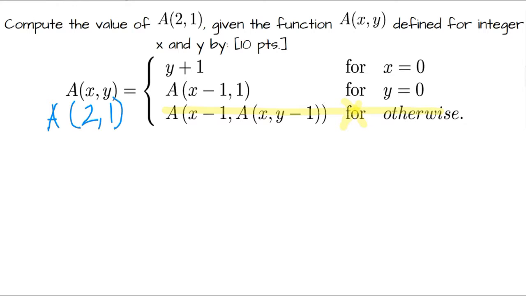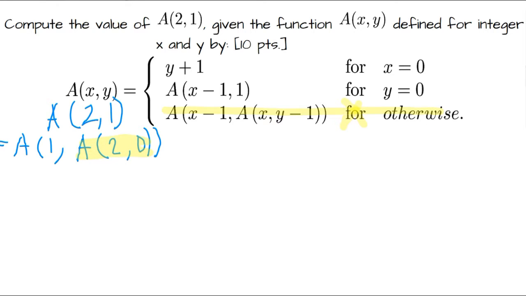This is otherwise, so 2, 1, and in that case we are expecting to have A(x minus 1, A(x, y minus 1)), so this would be A(1, A(2, 0)).